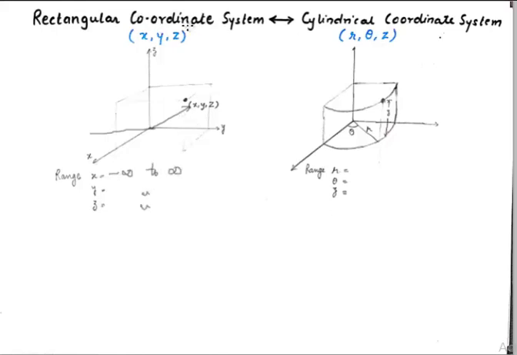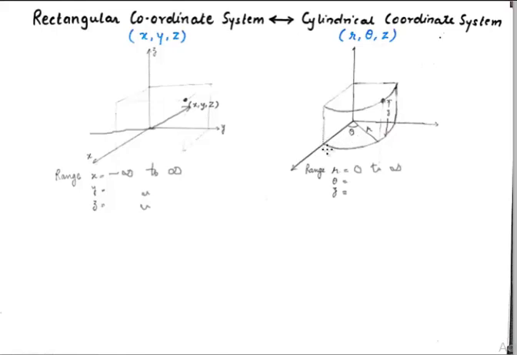All the points in rectangular coordinate system have ranges from minus infinity to infinity, whereas if we talk about cylindrical coordinate system, the range of r could be from 0 to infinity, because radius cannot be 0. If you form a cylinder, you'll surely get some radius, so it'll be 0 to infinity.